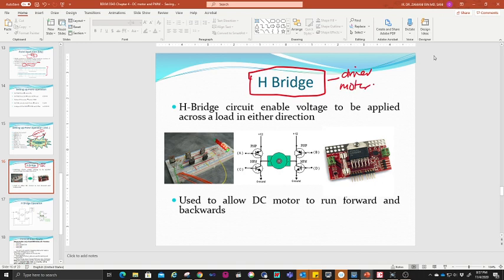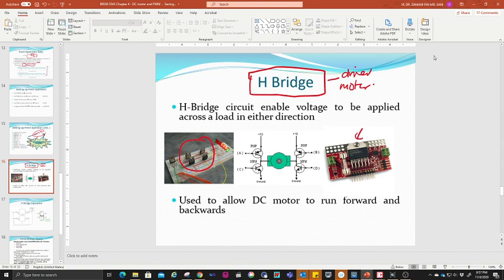If you purchase it, you can see that it is already put on the board itself, all this stuff. But if you want to build it by yourself, this is how the H bridge is built. This is the concept of the H bridge.